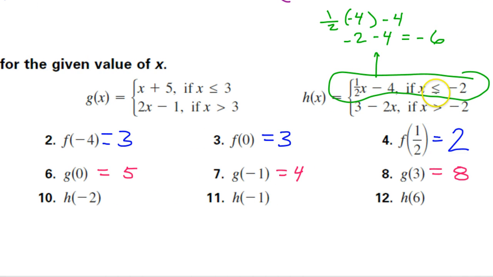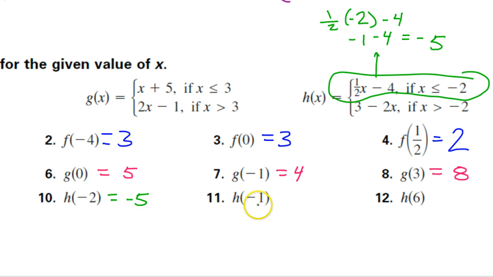Well, -2 is equal to -2, so we're going to do the top function again. Half of -2 is -1. And then -1 minus 4 is -5. So that's going to be the answer to number 10.